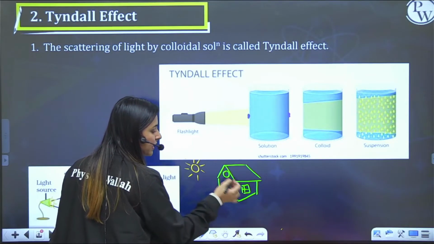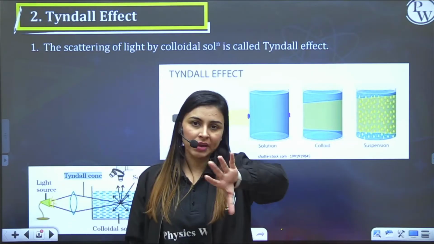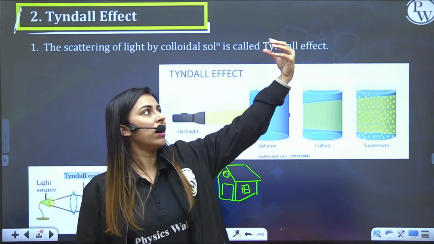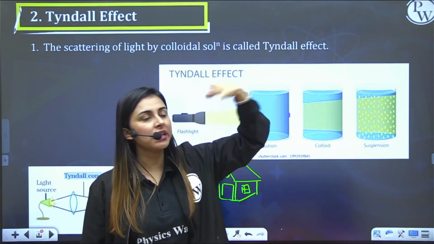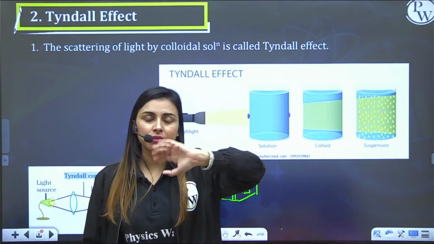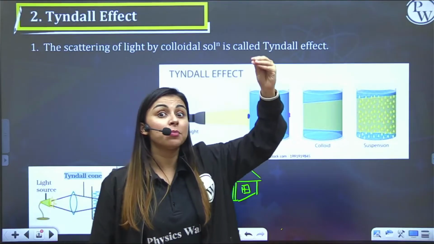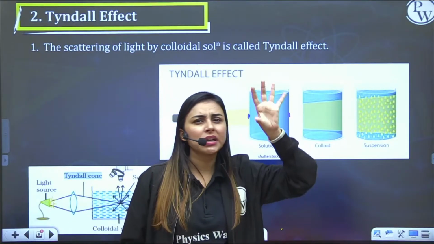If you are sitting in the room, sunlight will be coming from this upper window. If your room is closed and the inside light is off, then you can see the path of light. You can see very small particles also.